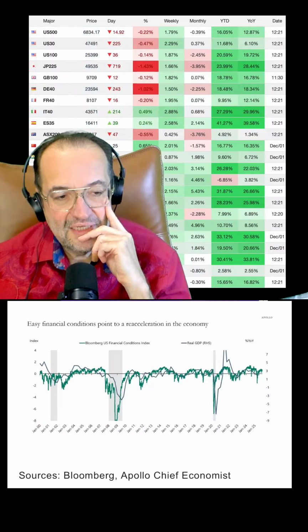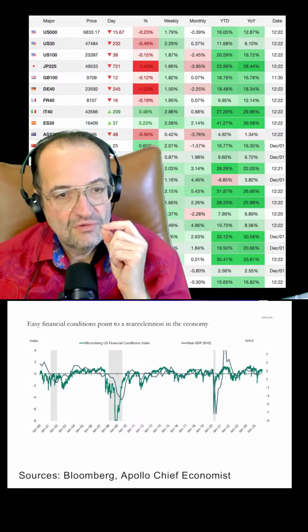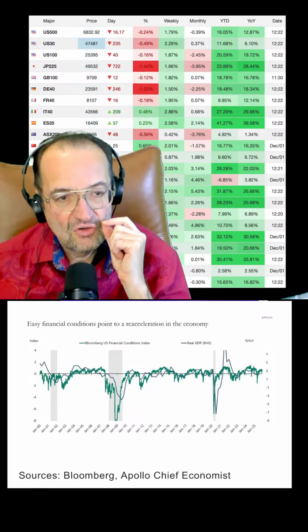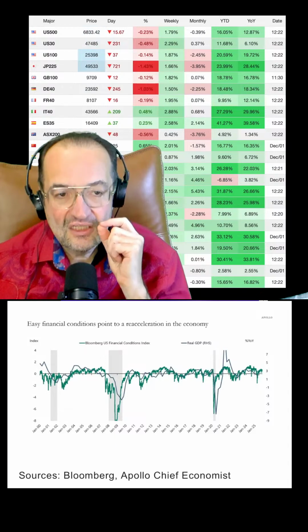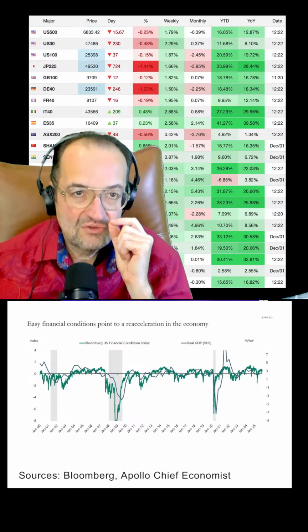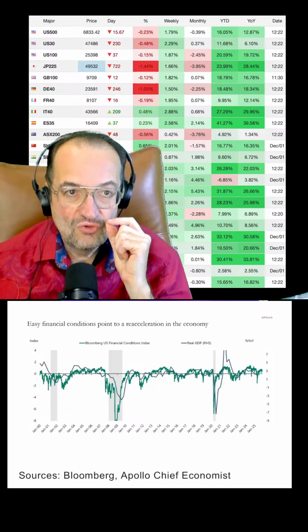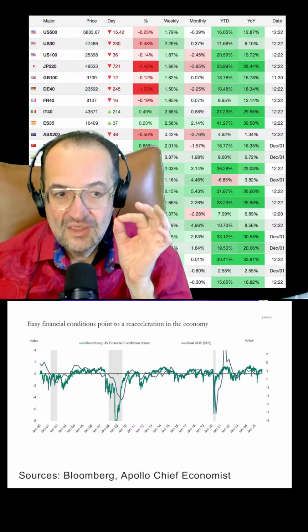So let's take a look again back at this chart. When financial conditions begin to ease, even before future GDP growth opens up, look what happened in the dot-com bubble and the early 2000s.